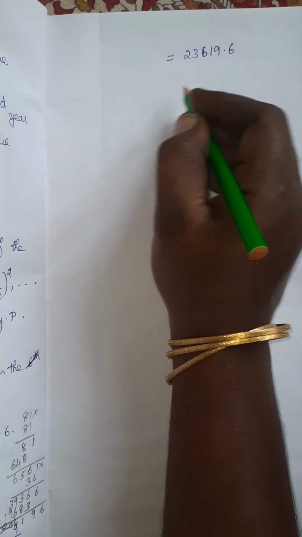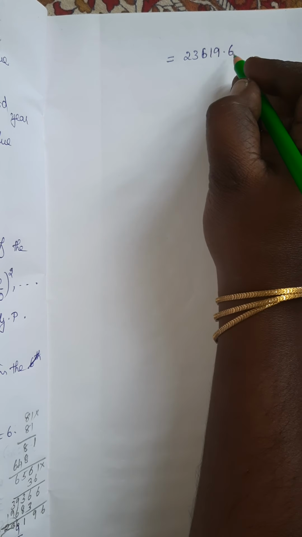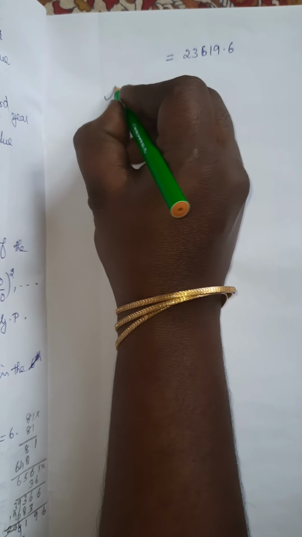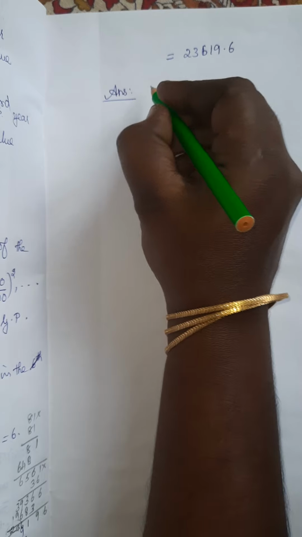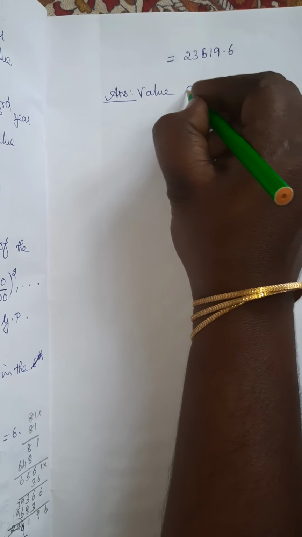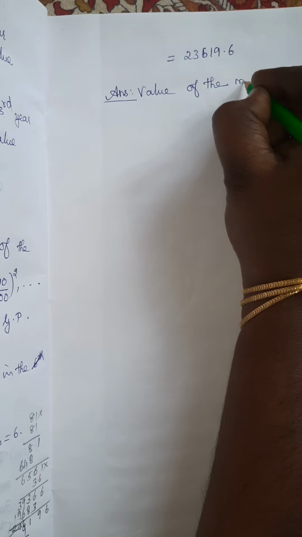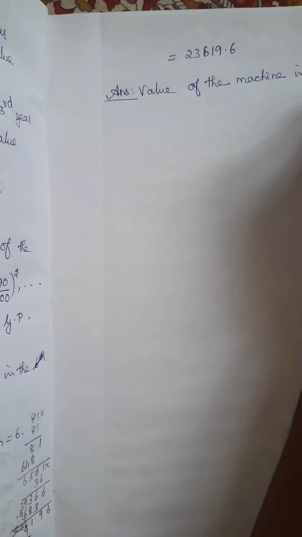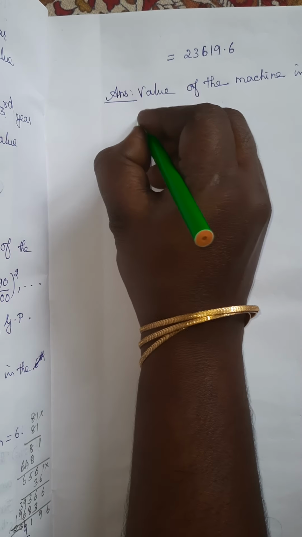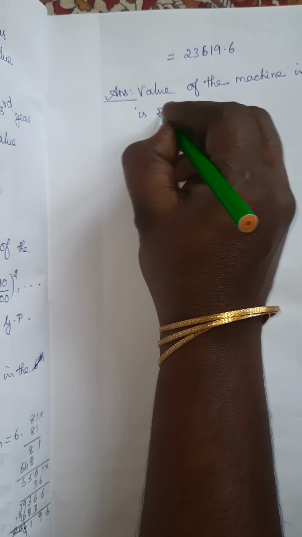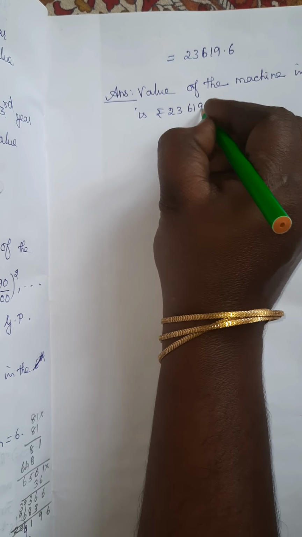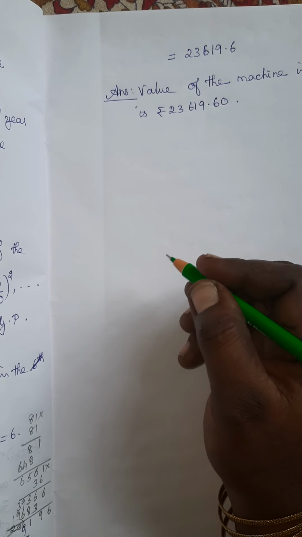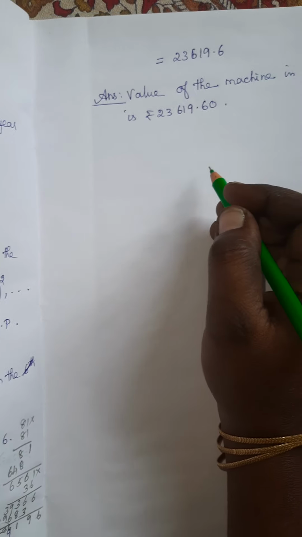But this is the value of the machine in rupees, so in the decimal part you have to write 2 digits. The answer: the value of the machine in the 6th year is rupees 23,619.60. You can approximate also, but this is the book answer. So conclude this much. Are you all clear?